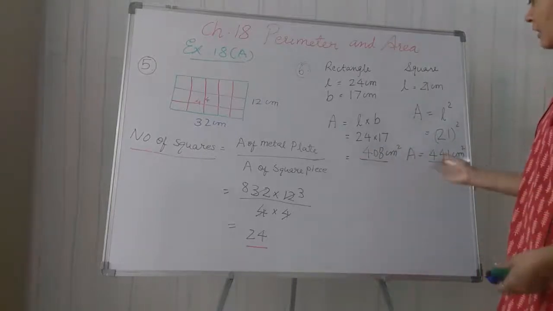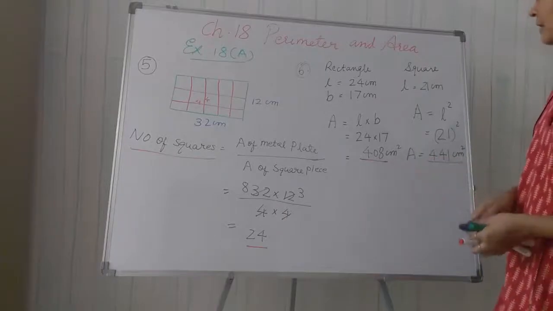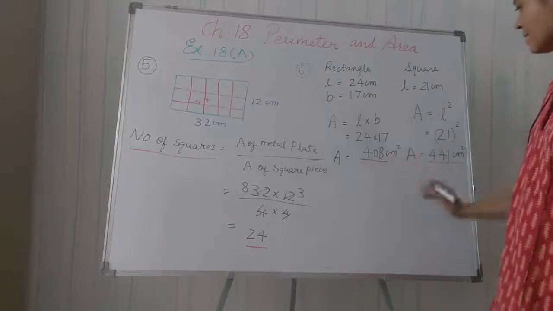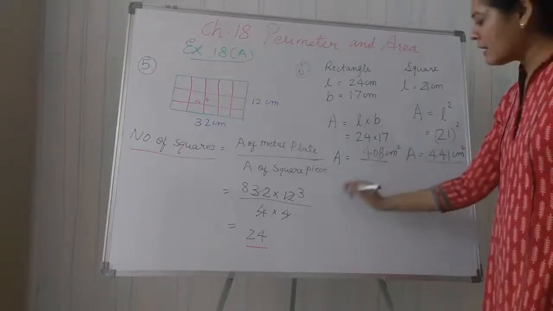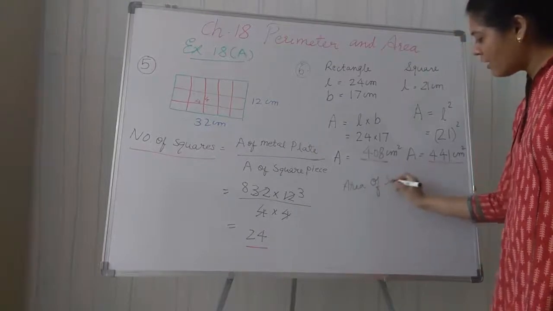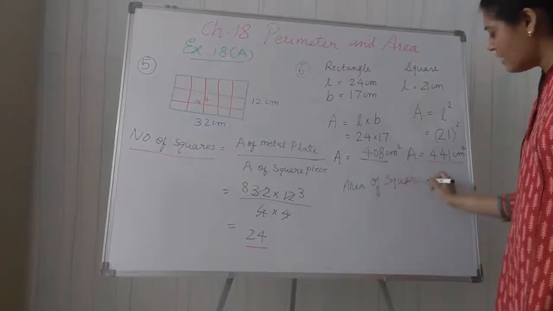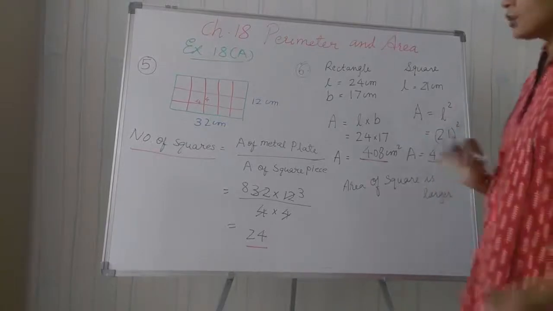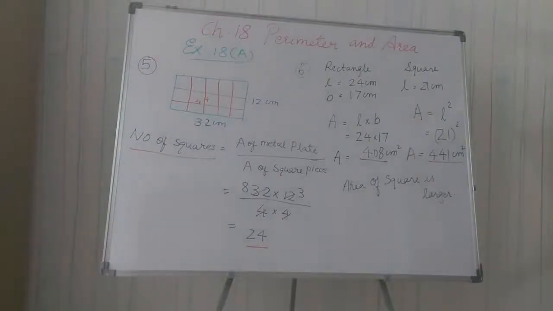So this is very clear that the area of square is larger. So I write my answer at the end: area of square is larger. Okay students, so do you understand how to solve this type of area and perimeter questions?